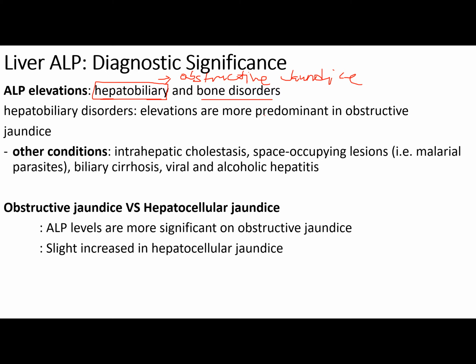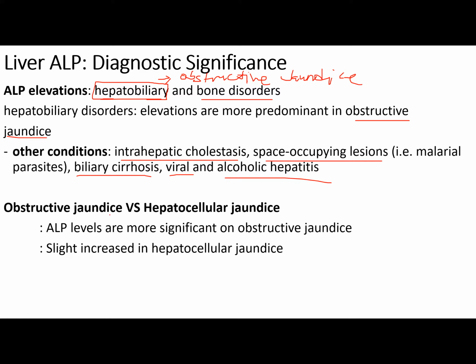So in this type of disorder, class, elevations are more predominant in obstructive jaundice. Other conditions would include intrahepatic cholestasis, space-occupying lesion, biliary cirrhosis, viral and alcoholic hepatitis.